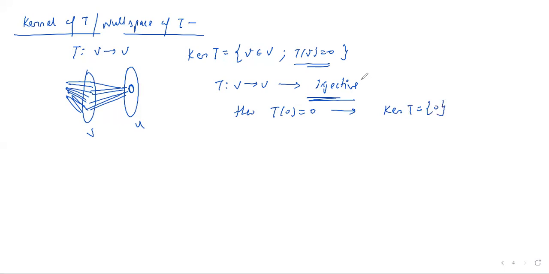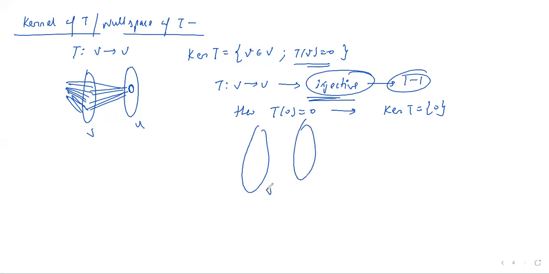Because if T is injective, if T is one-one, then this is V, this is U. We know that in a linear mapping the zero vector maps to the zero vector. Since T is one-one, no other vector can map to the zero vector again. So this is the only pre-image that we have, T(0) = 0.